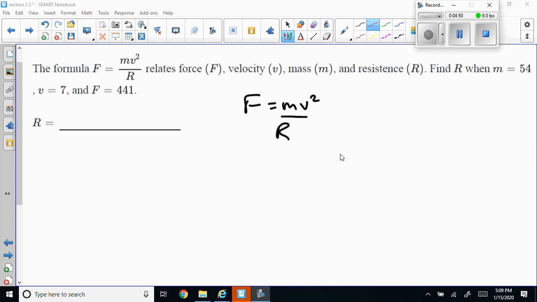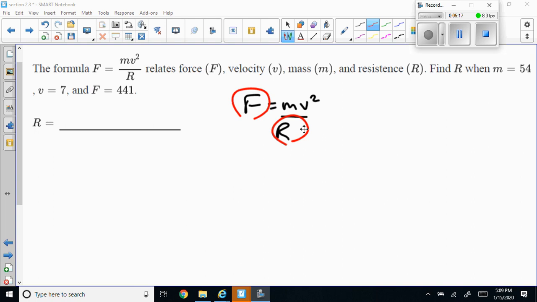If you remember, things that are diagonally across an equal sign can be swapped out with one, right? Y'all understand what I'm talking about? So this F and this R, we're going to switch places with those.